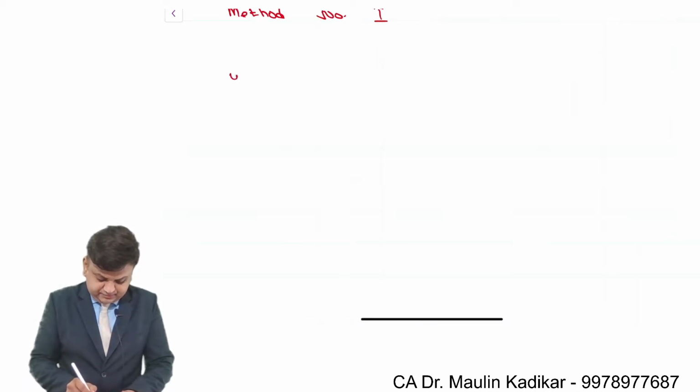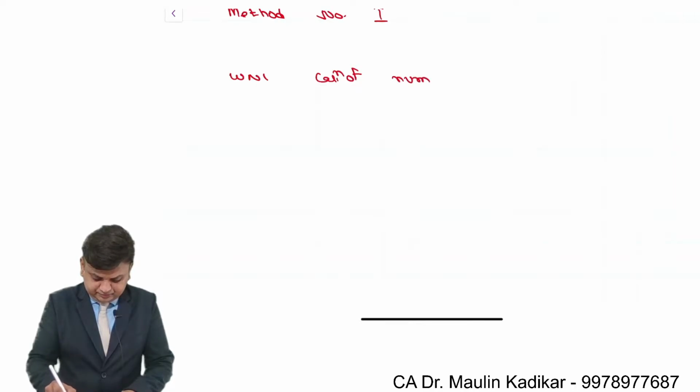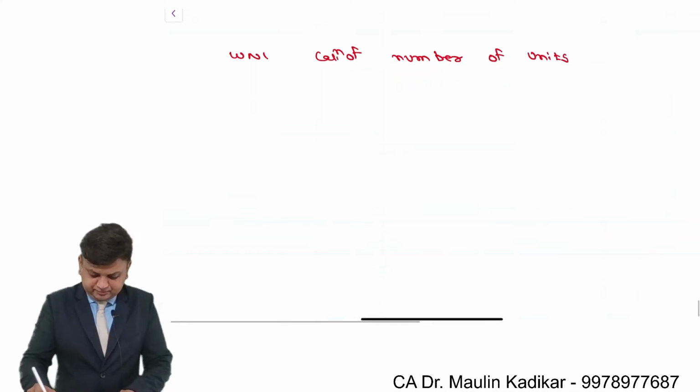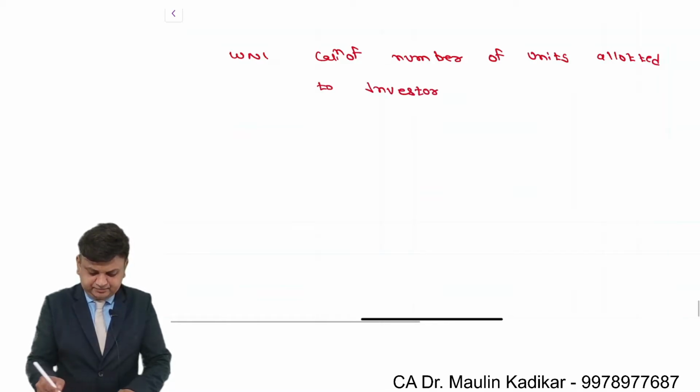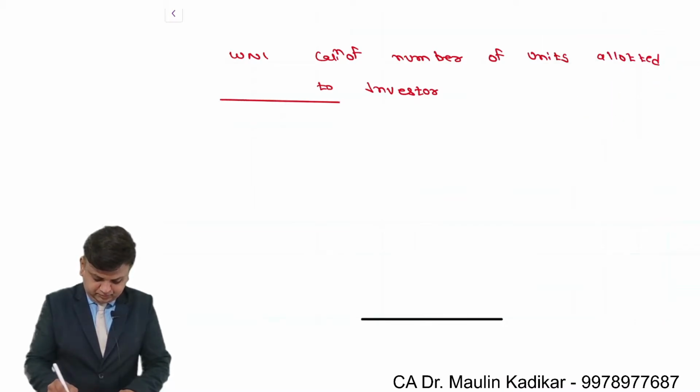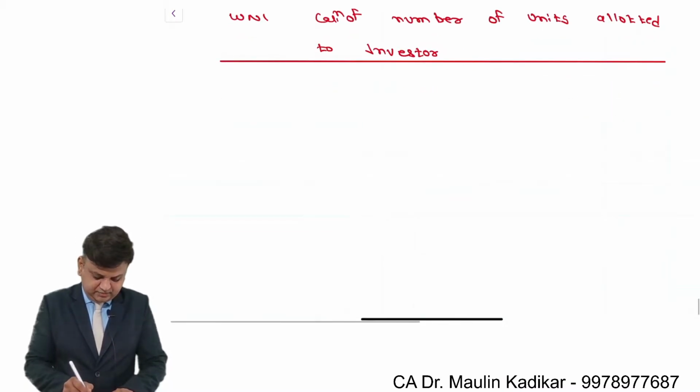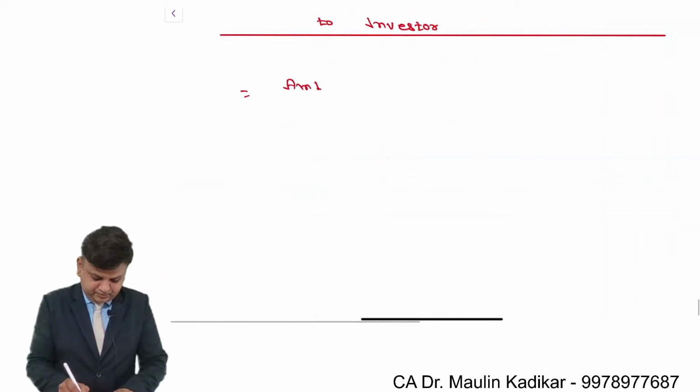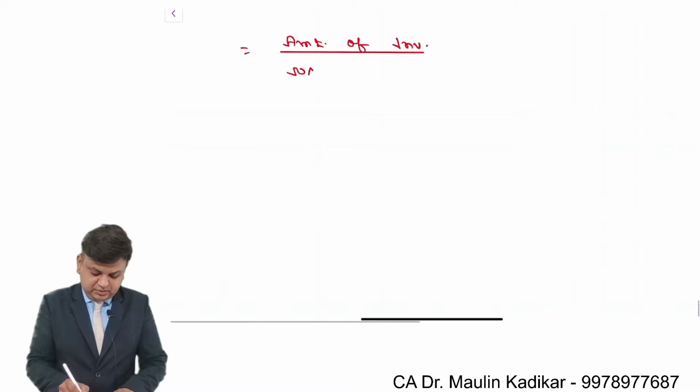Working note number 1. Calculation of number of units allotted to investor. In that, amount of investment upon net asset value per unit.